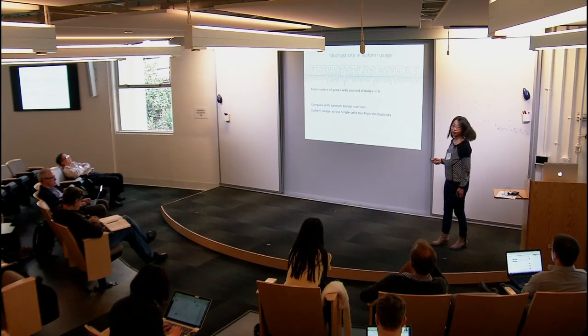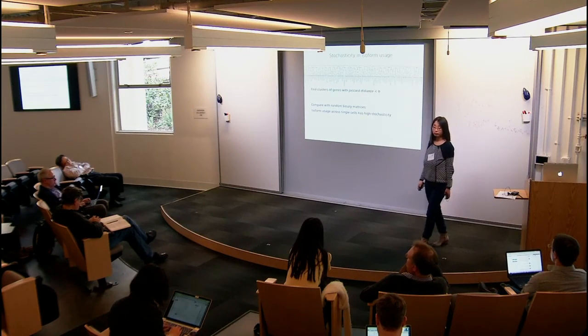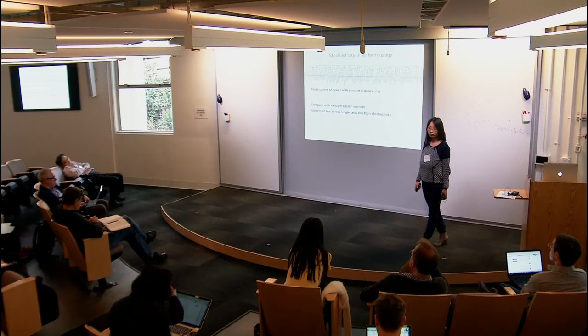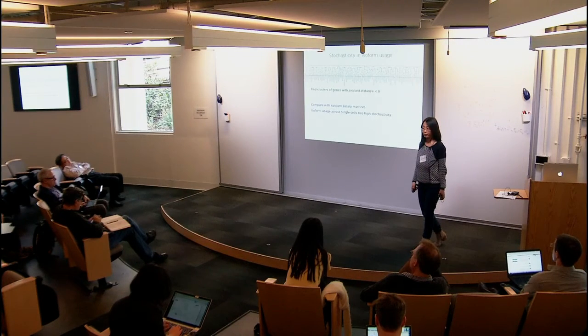But random binary matrices don't know about stochasticity in the data. So random basically gives a control of what completely random is.